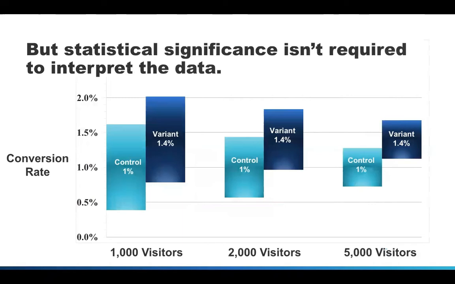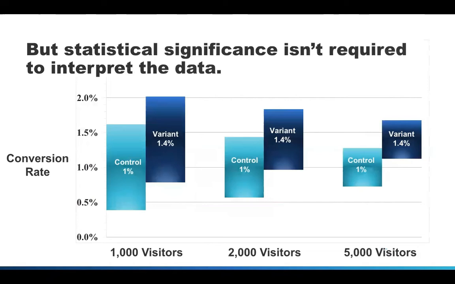So in the 1,000 visitor case, at a 95% level, which for those of you who are into that kind of thing is a z-score of 1.96, or 1.96 standard deviations from the mean, it's a wider bar.